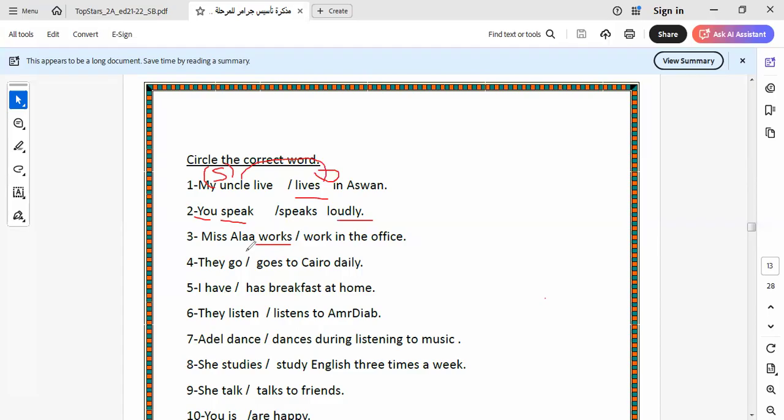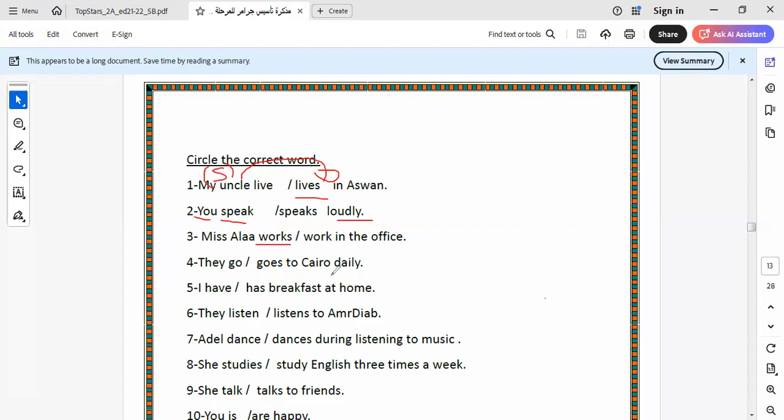Some of you ask how we know whether Ala is a boy or a girl. When we say Miss or Mrs. before Ala, it is a woman. When we say Mr. or just say the name without anything, Ala here is the boy or the man.